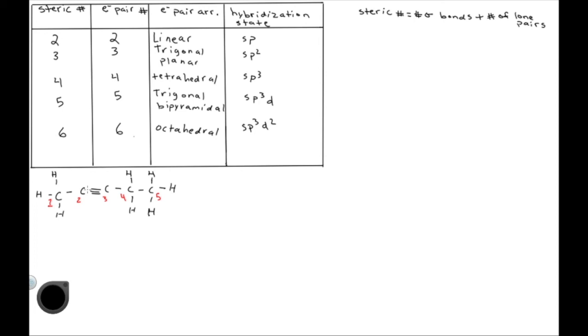For carbon 4, there are 4 single bonds, just like carbon 1. So its steric number is going to be 4 because there are 4 single bonds, and all single bonds are sigma bonds. So 4 sigma bonds plus 0 lone pairs is equal to 4.